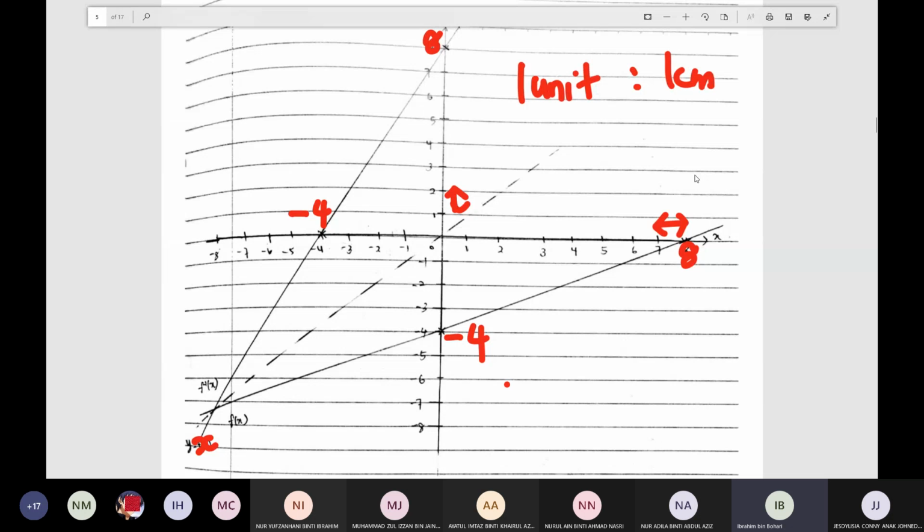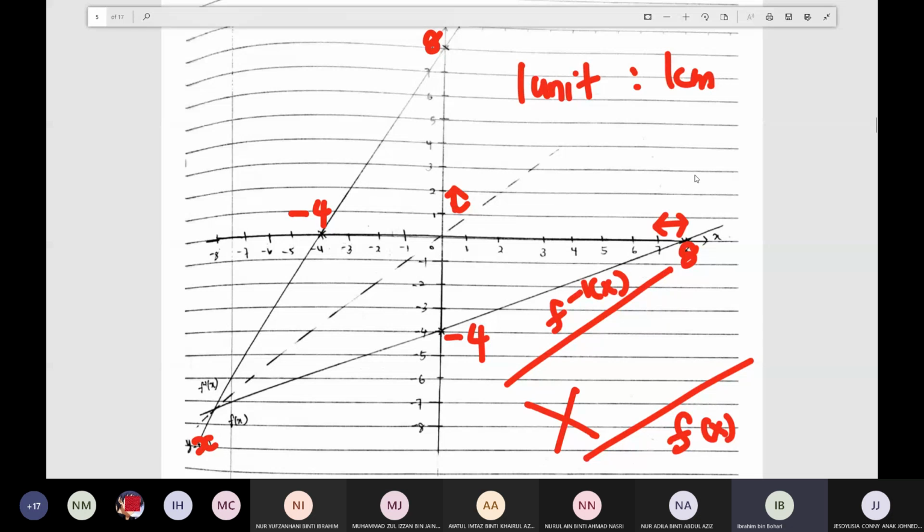Kalau you tak setkan, dia akan jadi macam ni satu. And second, dia akan jadi macam ni. This one, the graph of f(x), and here the graph of the f inverse function. Kalau dia tak setkan dia punya scale tu, jadi yang ini salah. Ya. Okay, sepatutnya jadi macam ni. Intersection, you akan dapat kat sini, negative 8, negative 7. Lebih macam ni lah dia punya intersection.